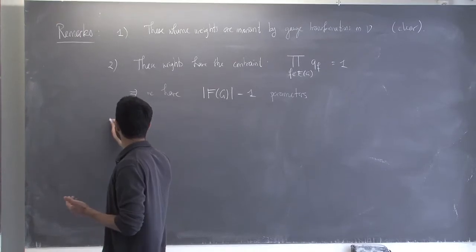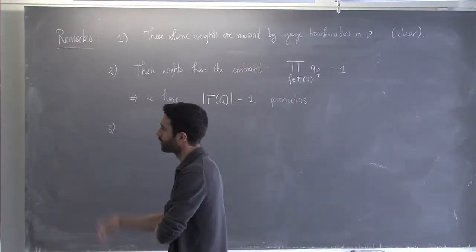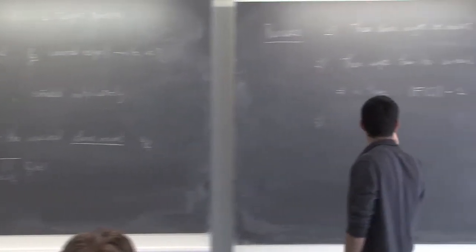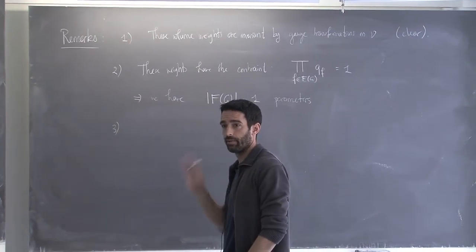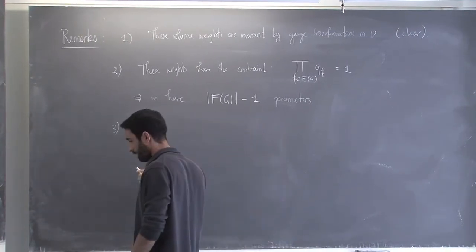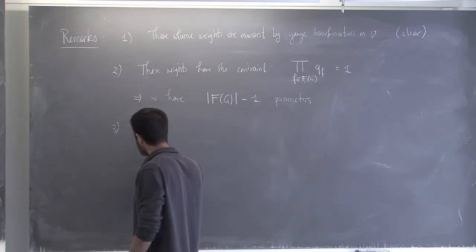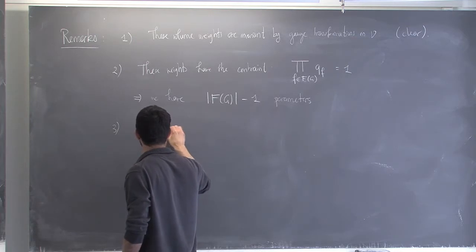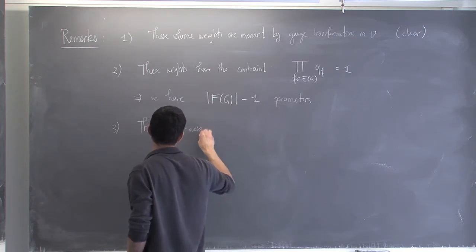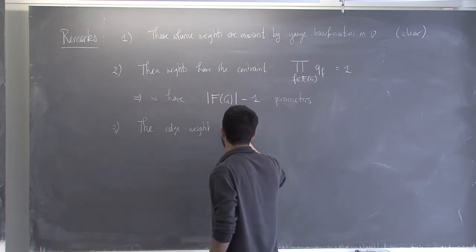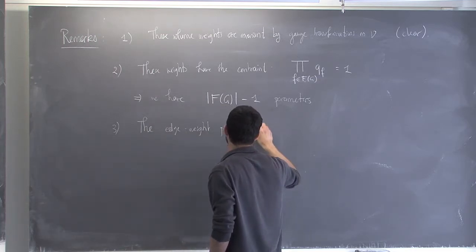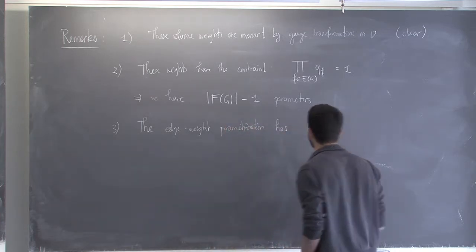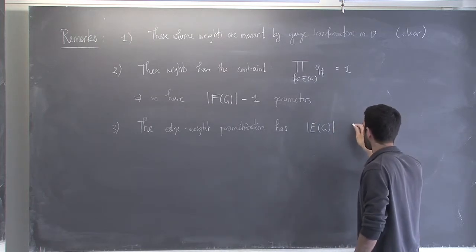And so actually I can finish this discussion before giving the translation of the Dimer model to height functions. Actually now I will show you that this is exactly the right number of parameters. So now let's just think for a second. So we have, the edge weight parameterization has a number of edges parameters, right?